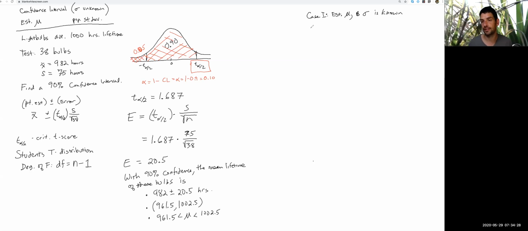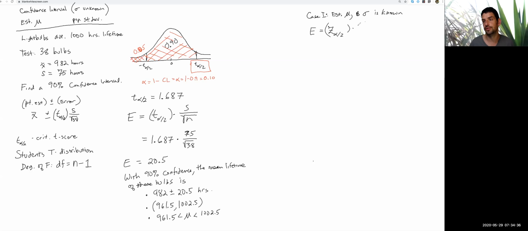And in that case, the error is equal to z of alpha over 2 times the standard deviation divided by the square root of n. Right? And then our confidence interval looks like this.